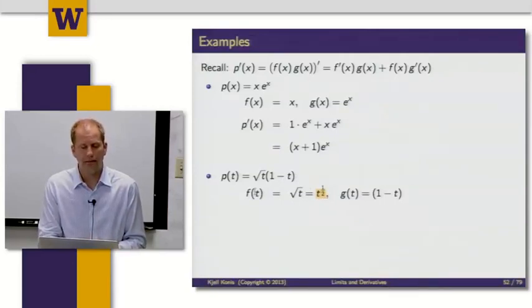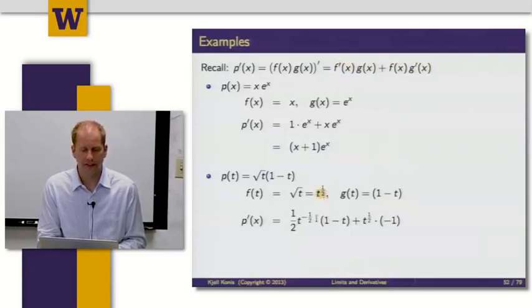Now that I've defined my f of t and g of t, I'm just going to take their derivatives and then plug the pieces into the product rule. The derivative of t to the 1/2, by the power rule, is just going to be 1/2 times t to the 1/2 minus 1. So 1/2 times t to the negative 1/2. Then times g of t, so times the quantity 1 minus t, plus t to the 1/2, that's my f of t.